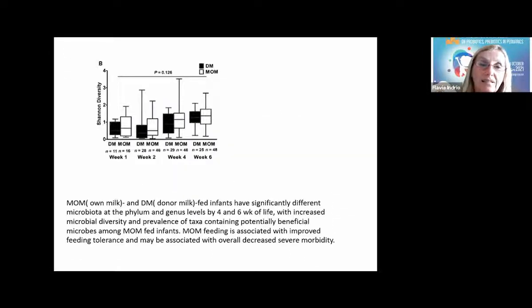But most important, a different microbiota. Why is this? Because every mother has the microbes and the nutrients that her baby needs. So of course, the best is to give the mother's own milk, but this is not always possible.